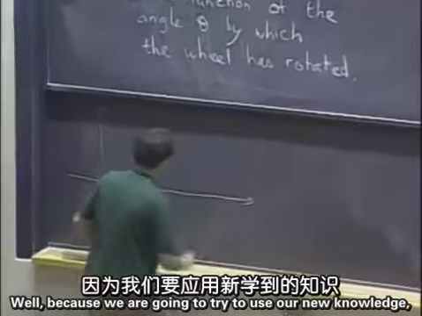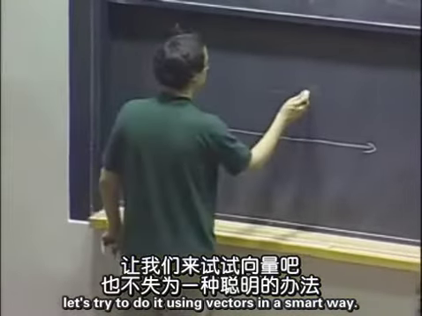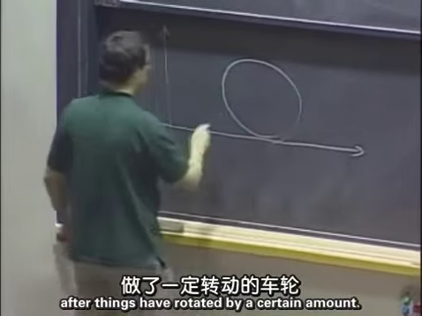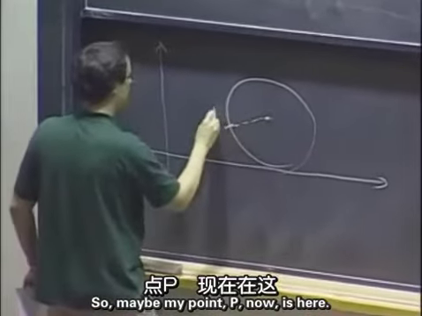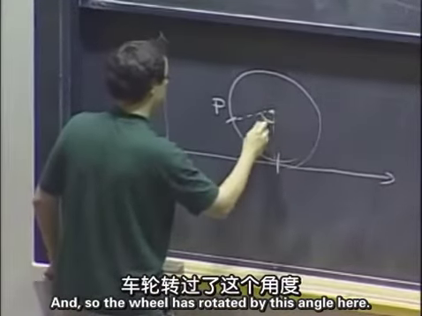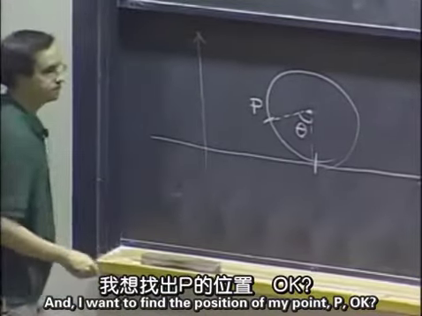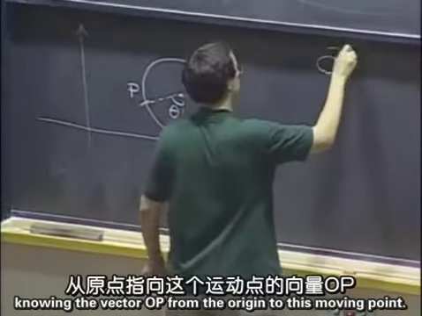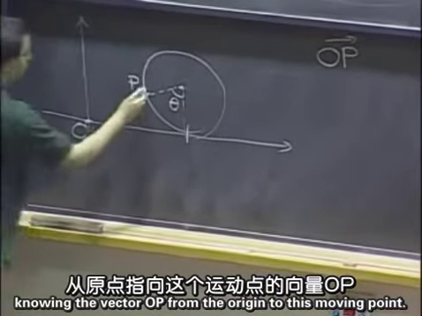Because we're going to try to use our new knowledge, let's try to do it using vectors in a smart way. So let me draw a picture of the wheel after things have rotated by a certain amount. So maybe my point P now is here, and so the wheel has rotated by this angle here, and I want to find the position of my point P. The position of this point P is going to be the same as knowing the vector OP from the origin to this moving point.